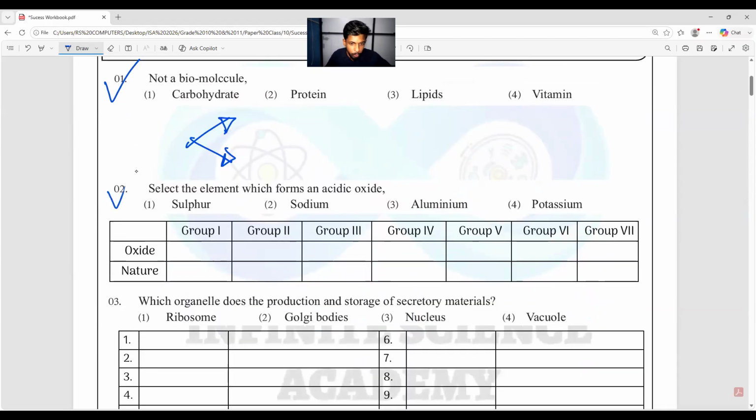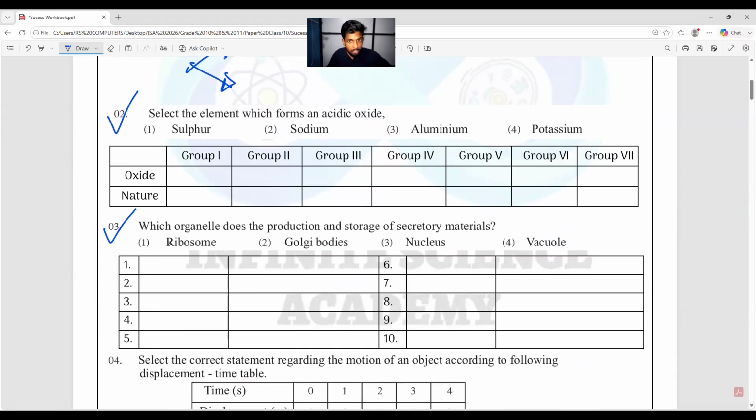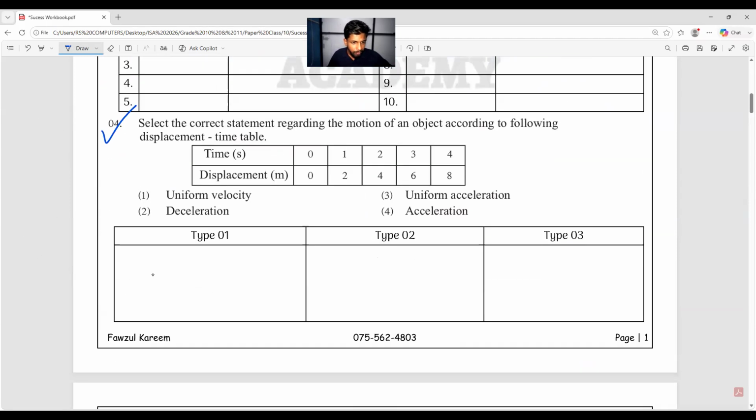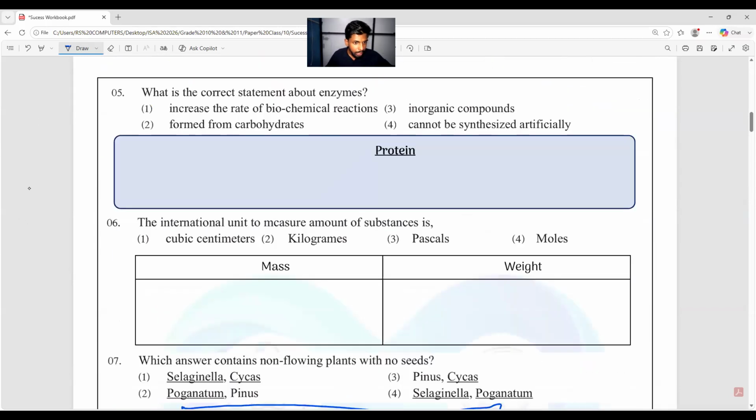Question number 2, regarding the oxides, we have written the oxides and the nature of the oxide. Question number 3, regarding the organelles, 10 organelles and 10 functions. Question number 4, regarding the displacement-time graph, you may remember. Question number 5, regarding the enzymes, you may have written the definition for the enzymes here.